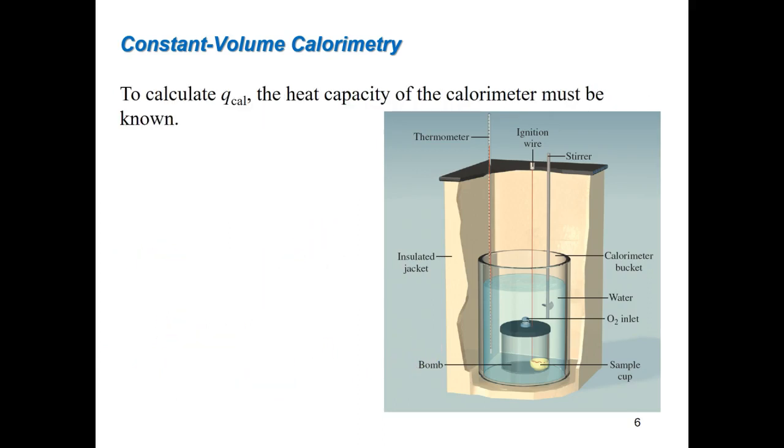So to do these calculations, we have to know what the Q of the calorimeter is. And to do that, we have to know the heat capacity of the calorimeter itself. The heat capacity times the change in temperature will give us the heat of the calorimeter.